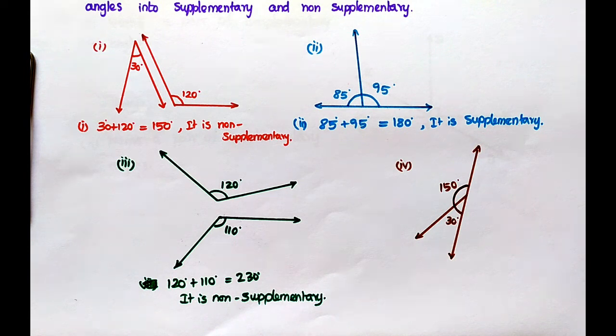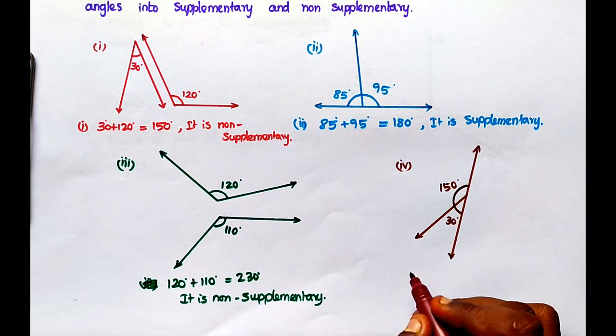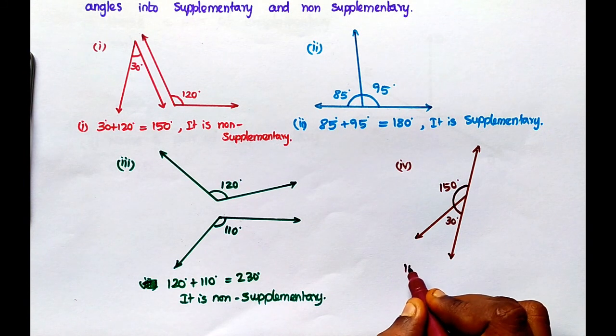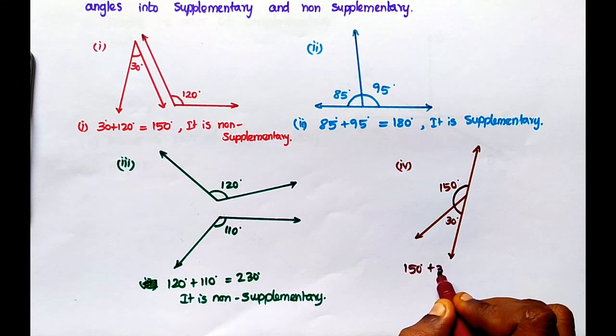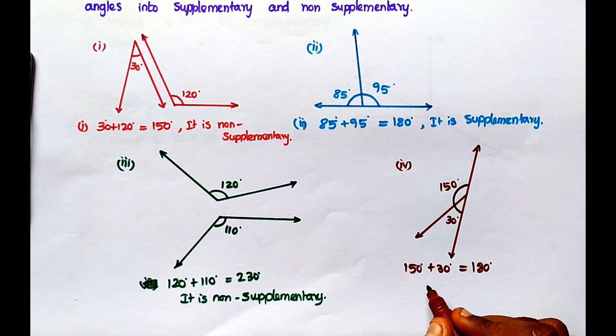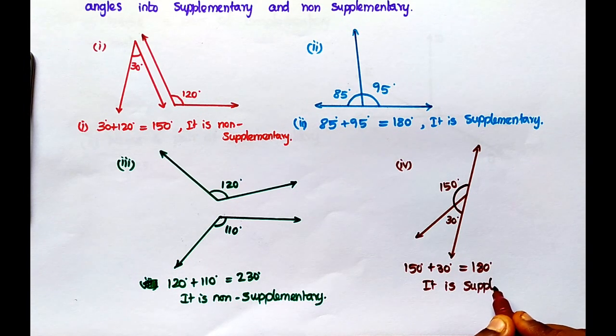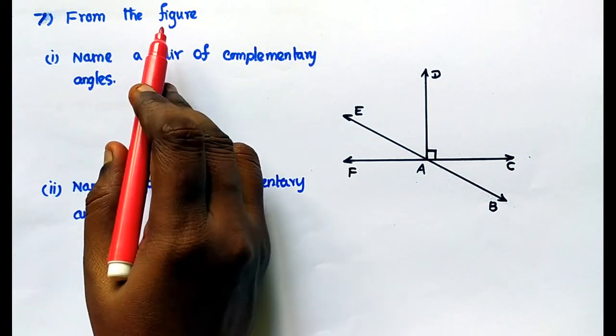And last one, add these two angles, 150 degree plus 30 degree, it is equal to 180 degree. So it is supplementary. That is the answer.